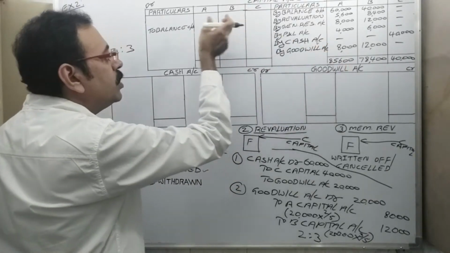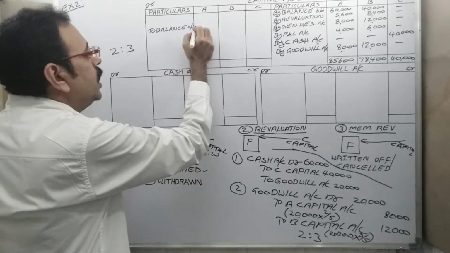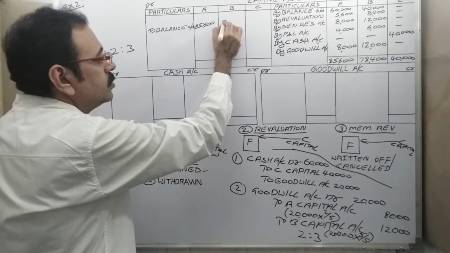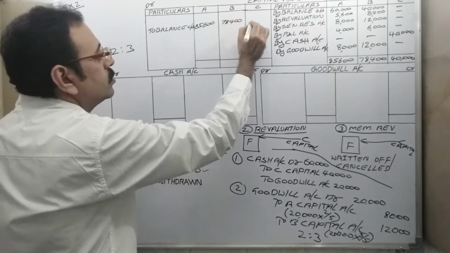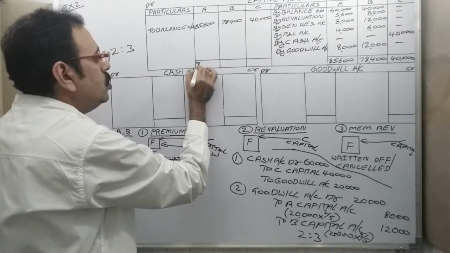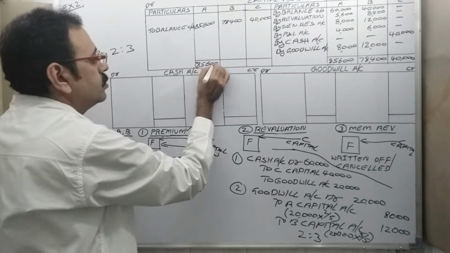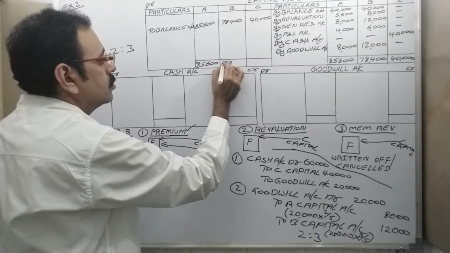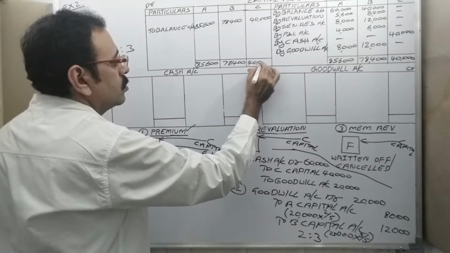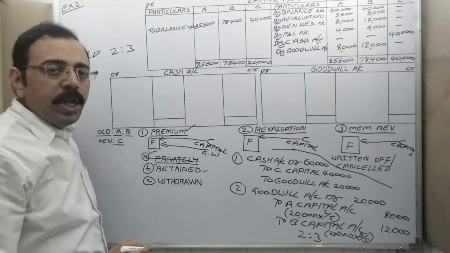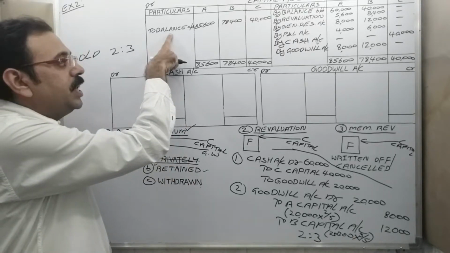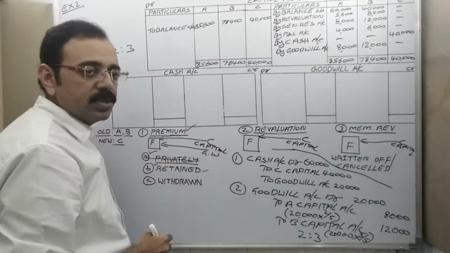Therefore, same total becomes the balance carried down. Debit side amounts are same. Then totals also same. In new balance sheet, liability side, under capitals heading, we should write these three amounts.